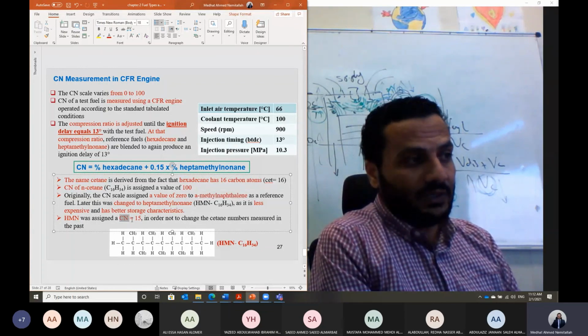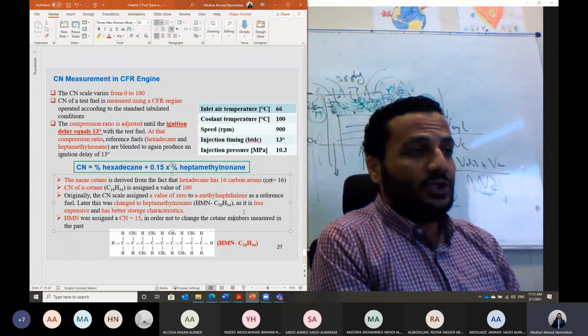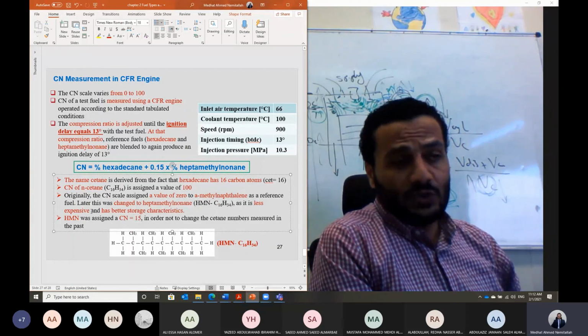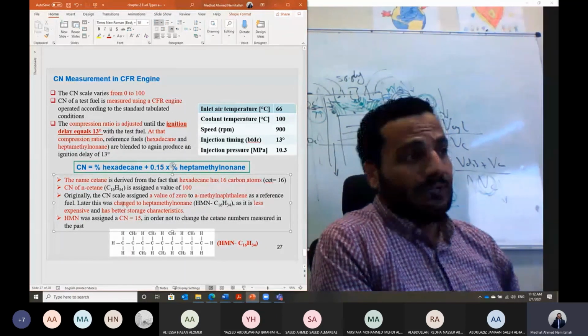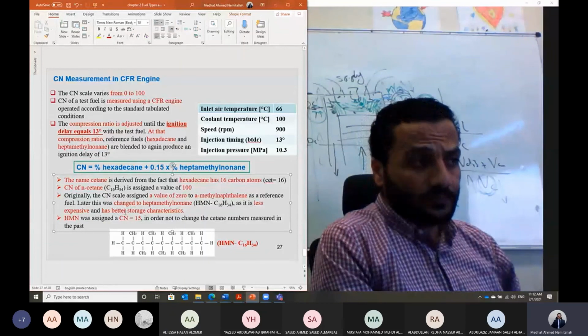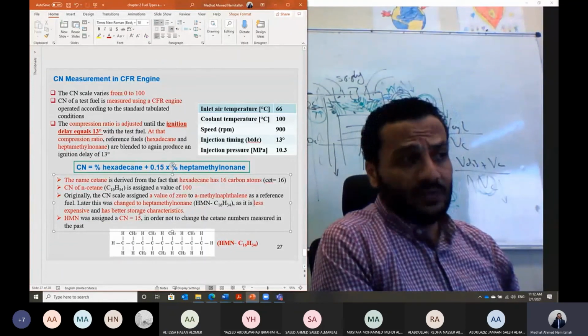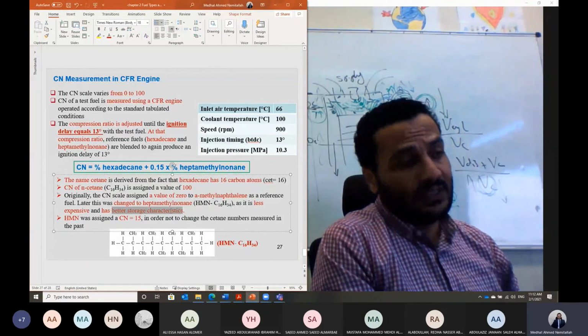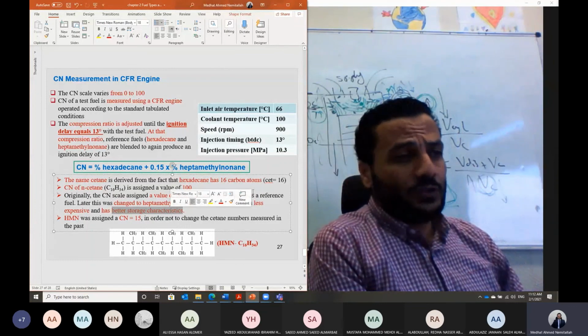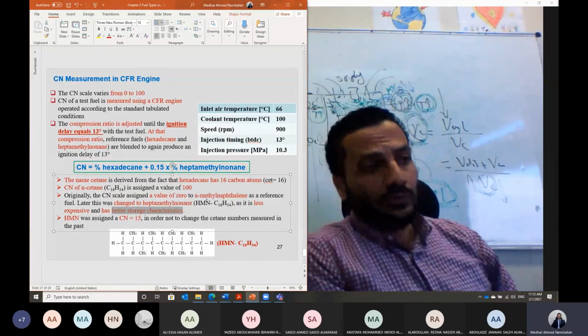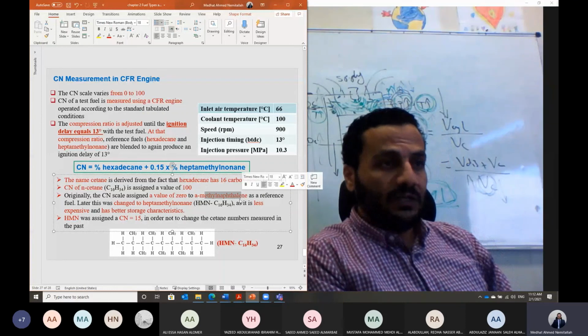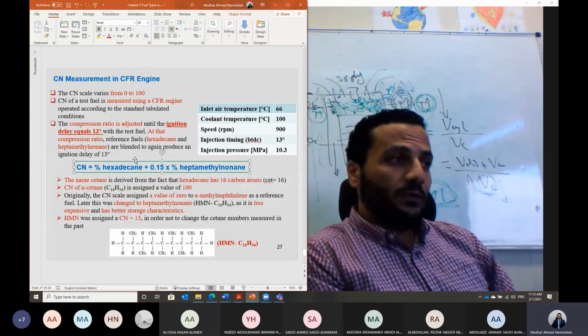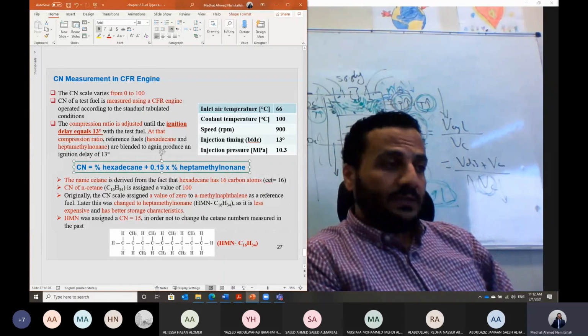It has a cetane number equal to 15, it is a less expensive fuel, and it also has better storage characteristics in the fuel tank.